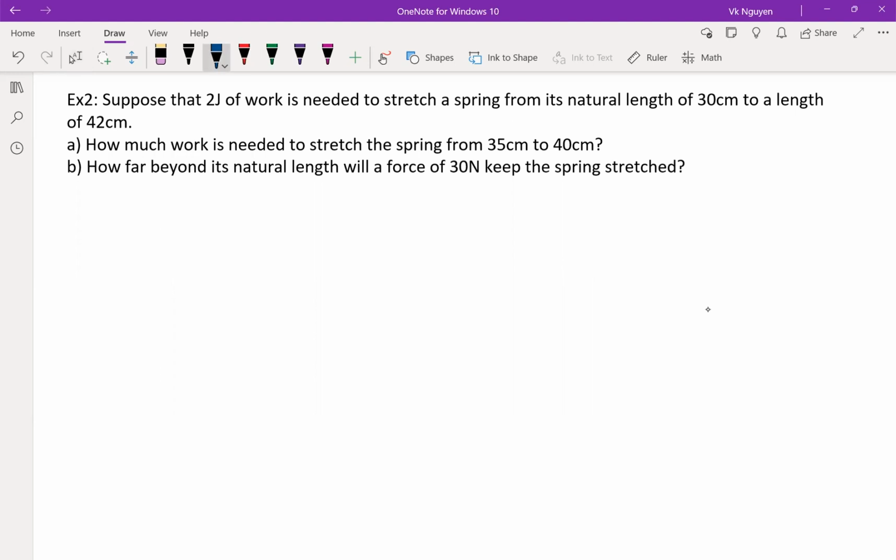Let's take a look at A. In order to do A, the first thing is that we have to figure out the stiffness constant k. Step 1, find k. Well, we have to convert everything into meters. We are stretching a spring from its natural length of 30 centimeters to a length of 42 centimeters.